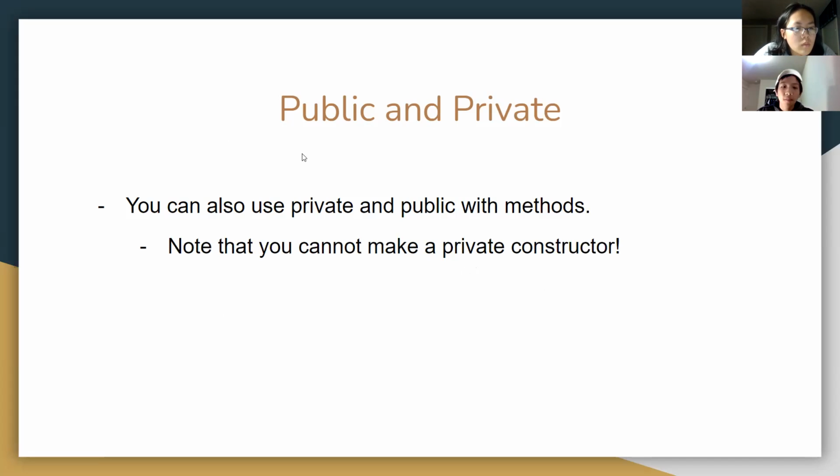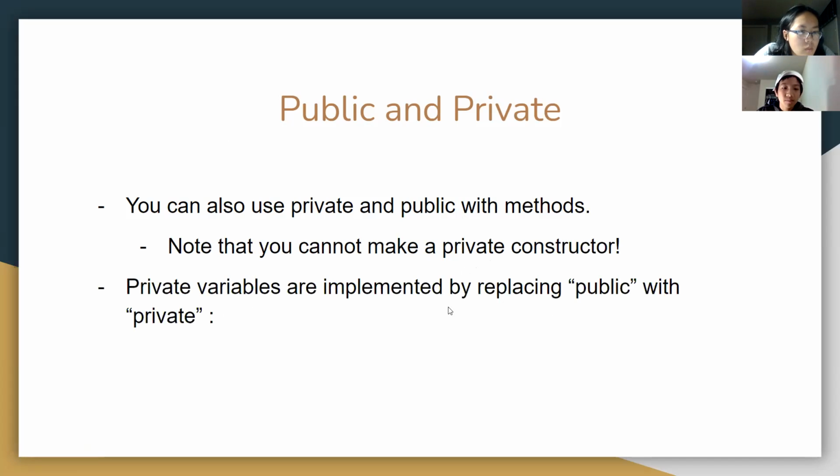Pretty simple, but private variables are implemented by replacing the public with private, or if you didn't have public in the first place, you just add private. Here's a little example. You create an integer variable called sum, set it equal to 5. This is what we're normally used to seeing. We don't go over this in today's lesson, but if you don't have private and you don't have public, then the default is protected, which is another access modifier.